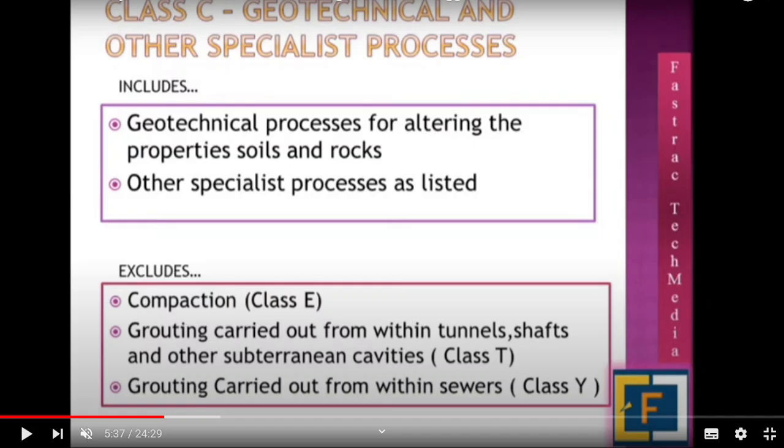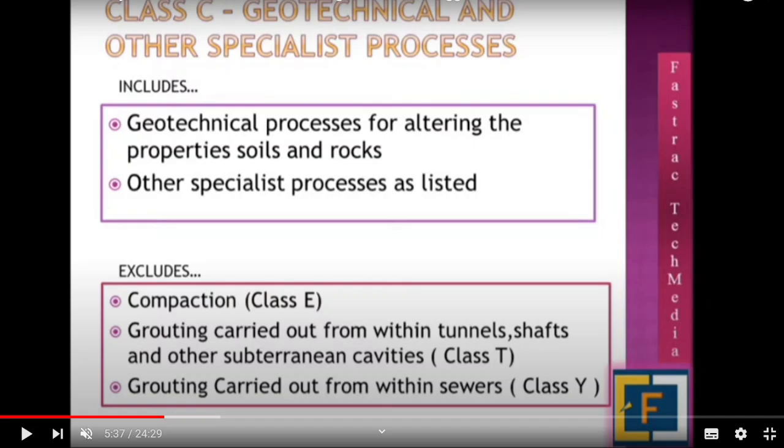One is altering the properties, another is specialist process. So practically we have to understand what is a specialist process and what is a process for altering the properties.